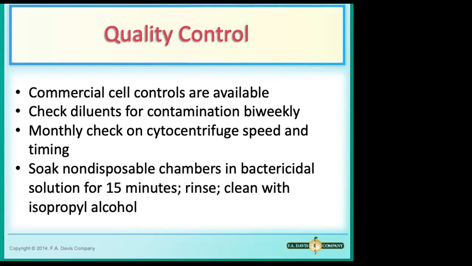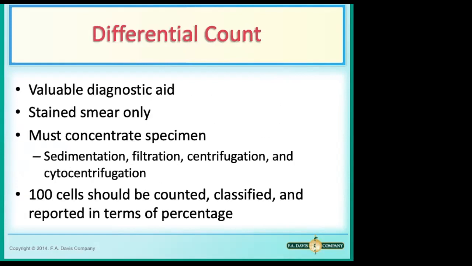before you perform your CSF counts. All right, so after we do our counts, what we do is something called the differential count. The differential count is a way to identify the type or types of cells present in the CSF. And that's actually a very valuable test to tell us what kind of cells we're seeing, okay?